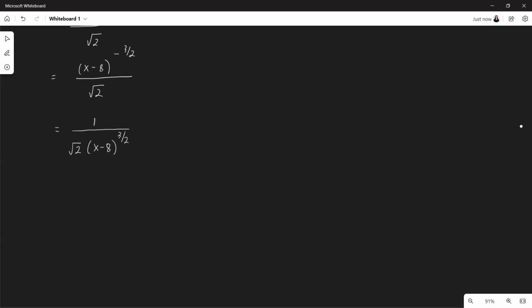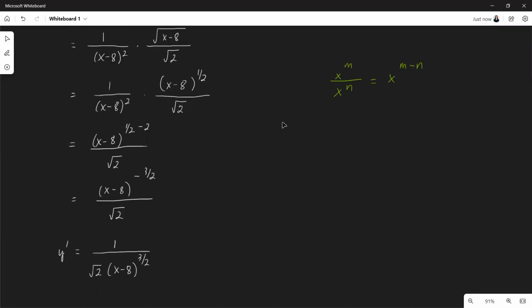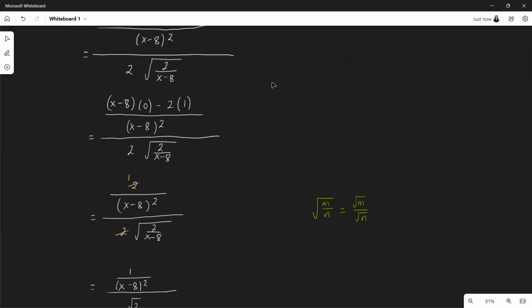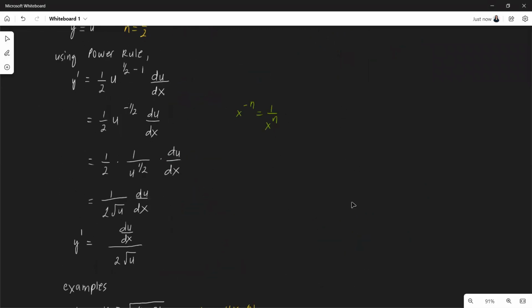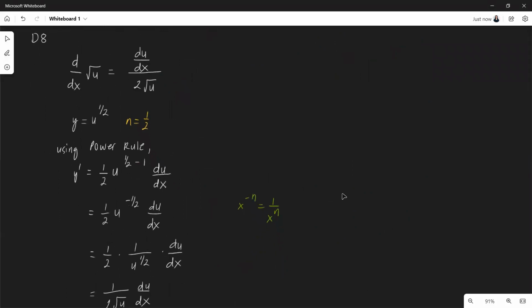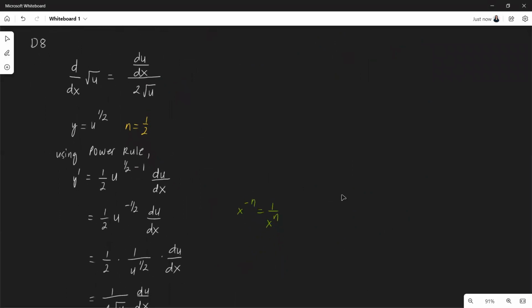If this is already the final answer, then you put a y prime here, or dy over dx. So that's the first special formula related to the power rule. Because there's another one. That is if the exponent is -1.